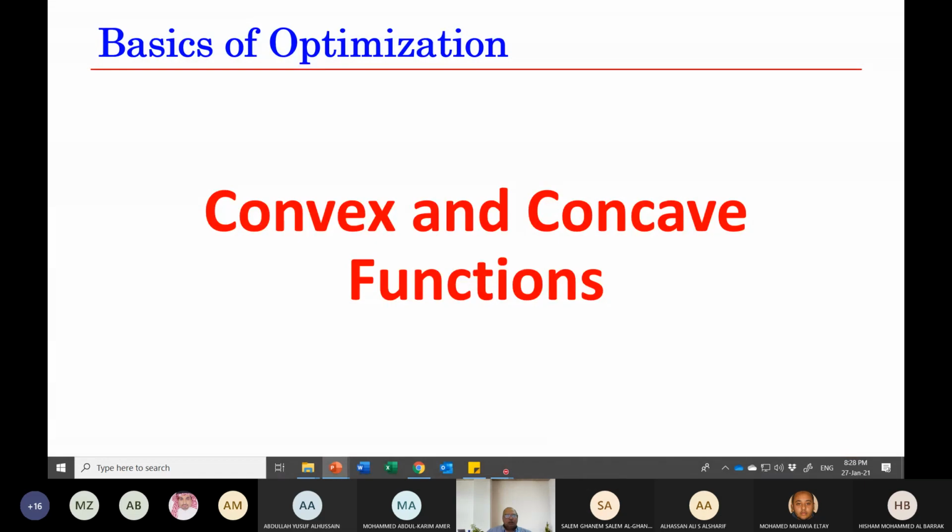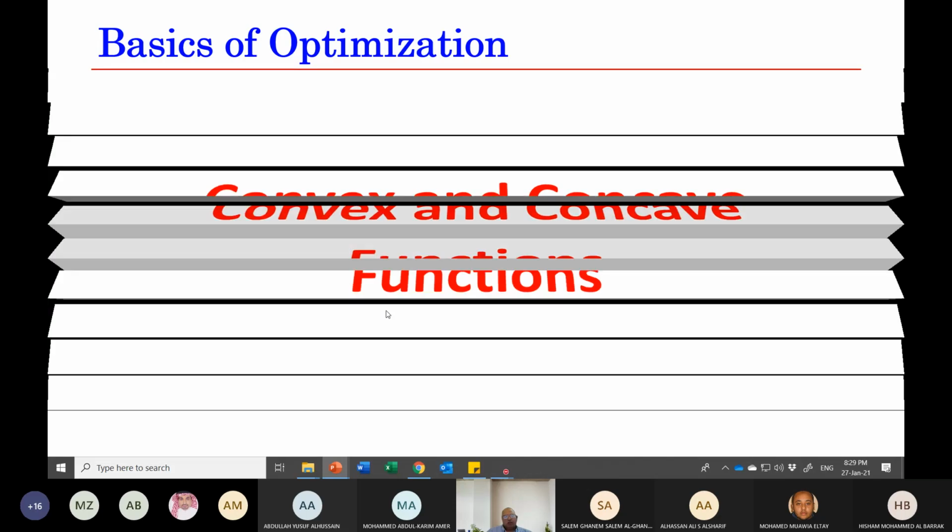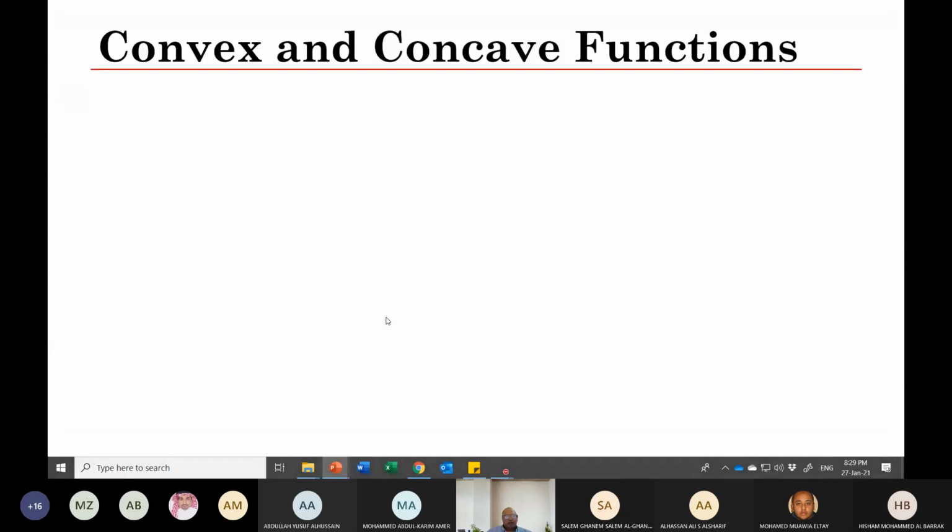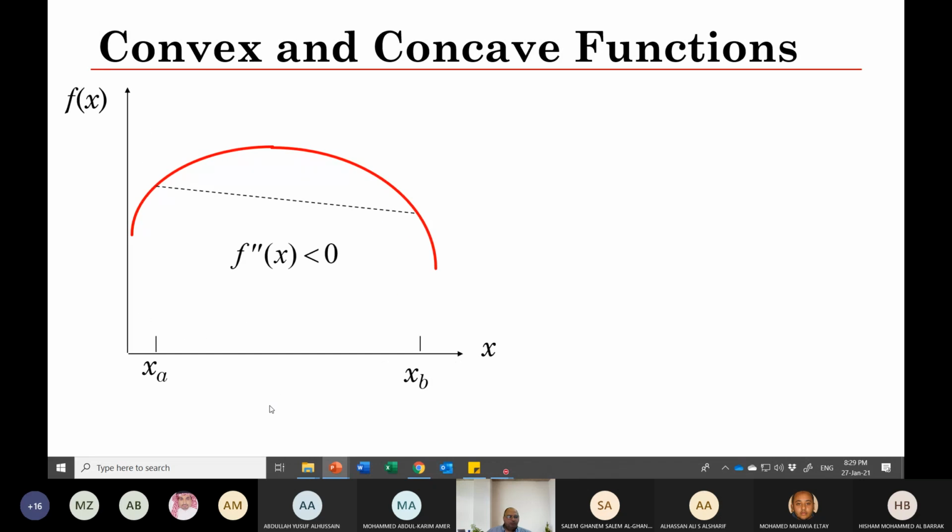One important issue in optimization is the convex or concave functions or regions or search space. What is the definition of convex and concave? For this one, as you can see here, this function has a maximum value.